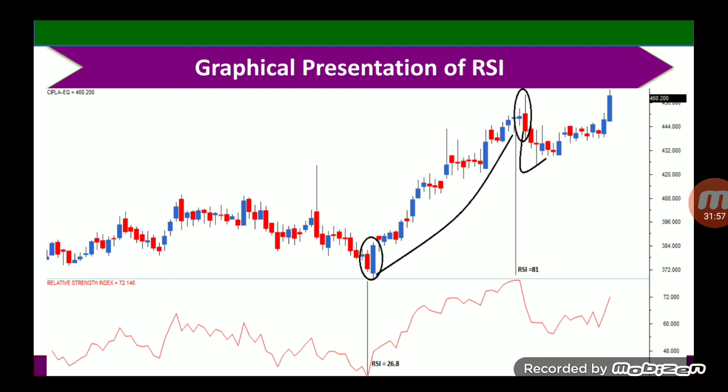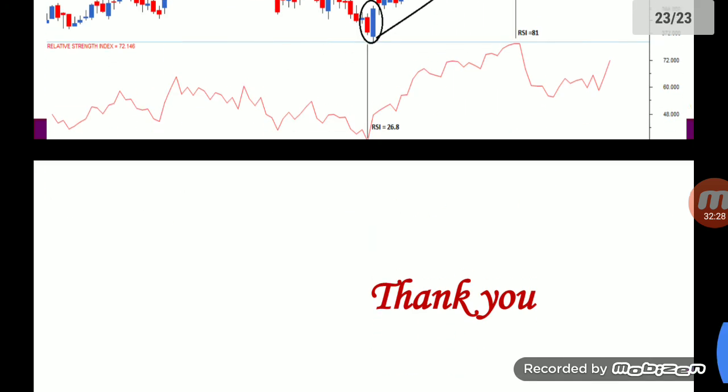When RSI is below 30, it indicates that selling pressure is there, the oversold area is there, and it can take an upward trend. And when RSI is at 81, it shows the overbought area, and the price can decrease, or the share price or security price can correct, or it will take a downward trend.